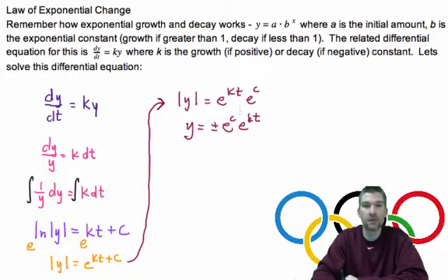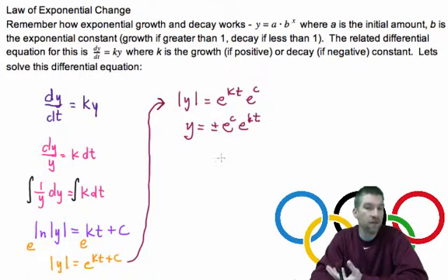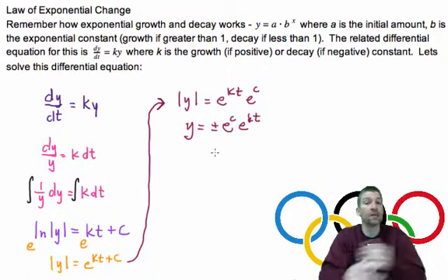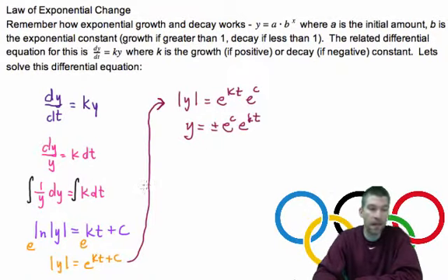Remember, if we take the absolute value of this guy, we're going to have positive e to the c or negative e to the c. And if we take absolute value, we'll always get that positive version out. Well, this should start looking familiar to this guy right here. Notice, this is a constant.